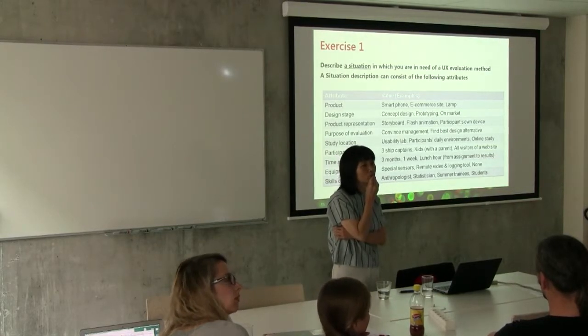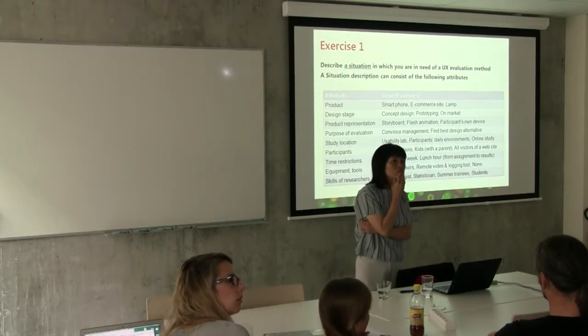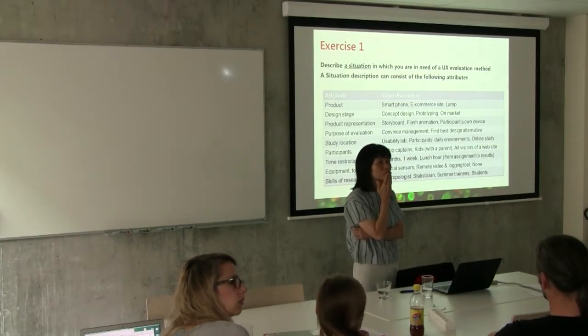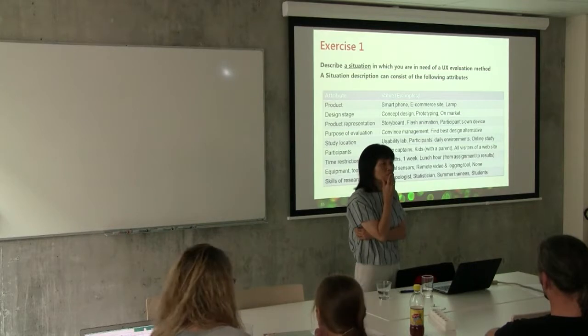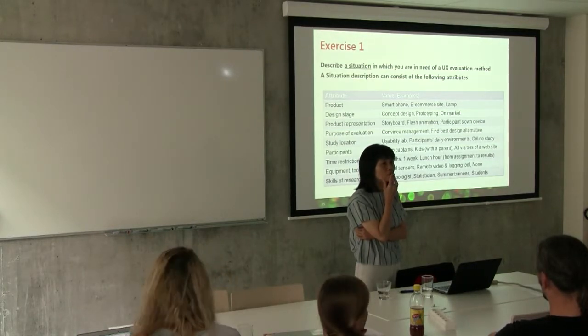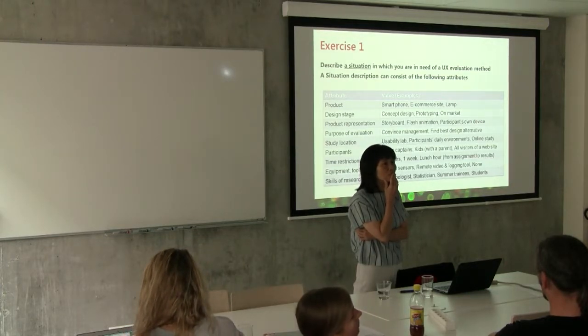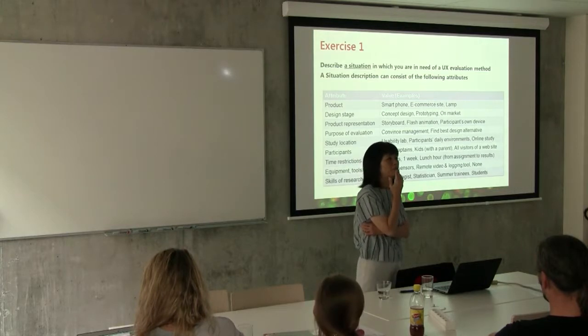Equipment and tools, well, we should probably have some kind of logging tool, because they are using apps and switching between them, and of course some notes. And skills of researchers, we thought about having a bit more experienced researcher, like a UX researcher, HCI researcher. Okay, thank you.